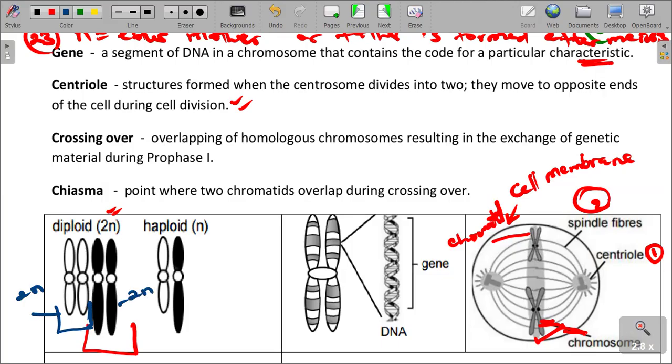If you look here, we are saying this one is an N, and then the other one again is an N. So this is haploid, and then obviously the opposite is also correct to say that that is diploid, as indicated by the board there. And then you can see again the relationship between the gene and DNA.